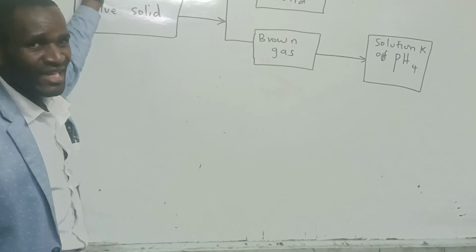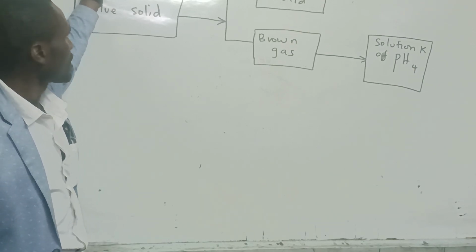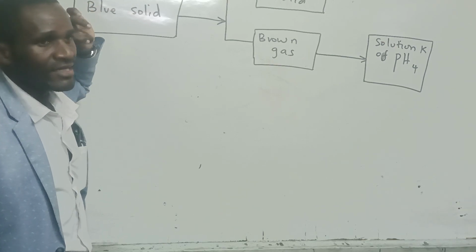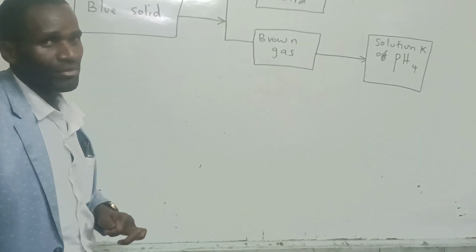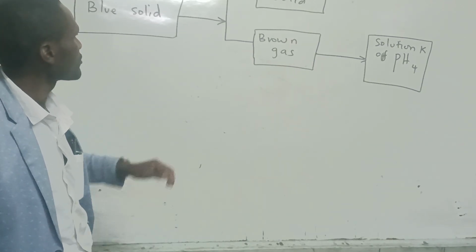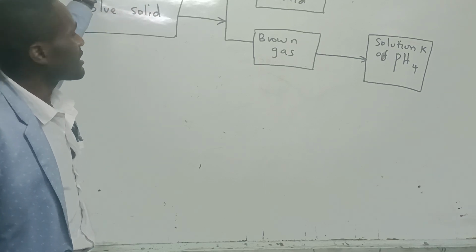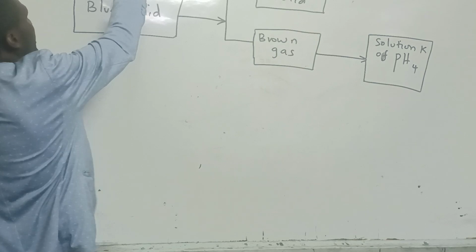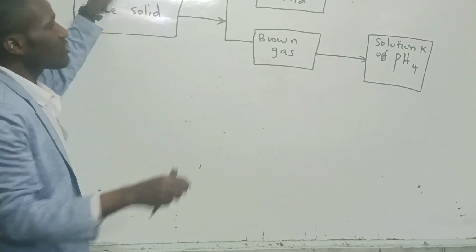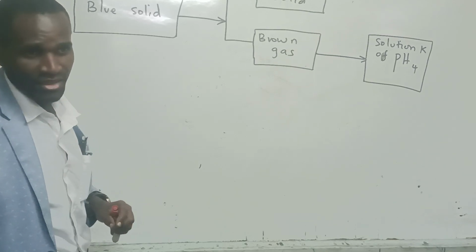This copper has an atomic mass of 64 or 63.5 grams per mole. But now we need to know if this is the metallic part or the cation part. Copper 2 ions are always associated with a blue appearance.